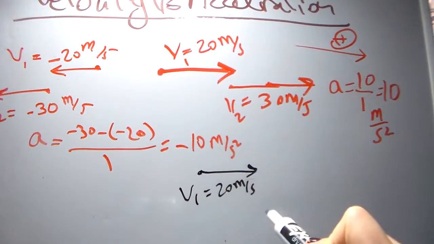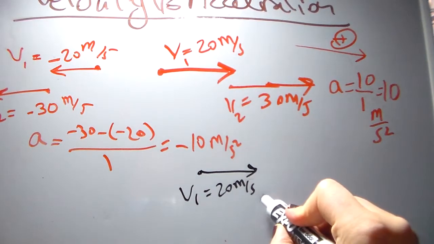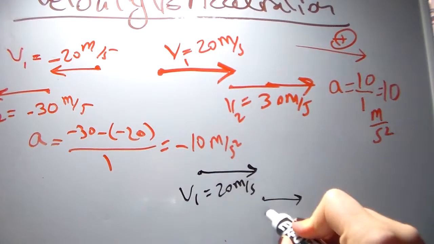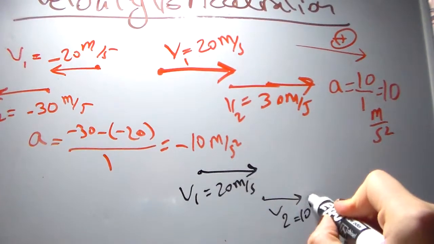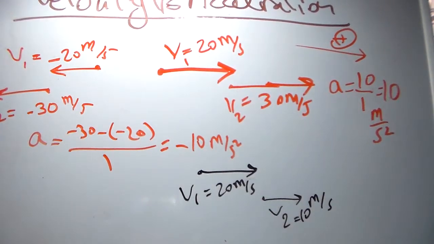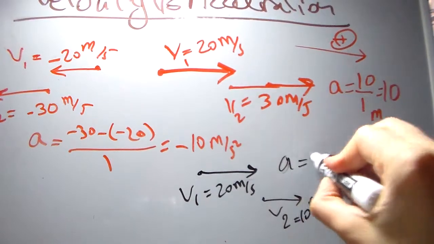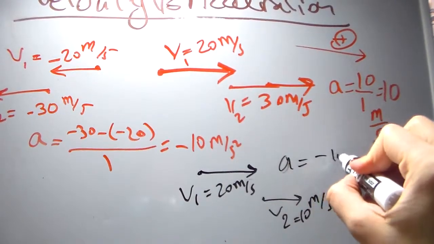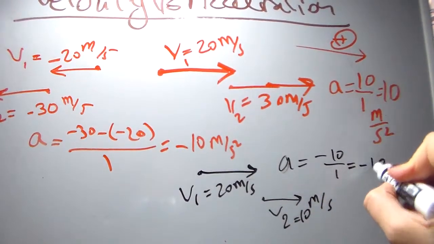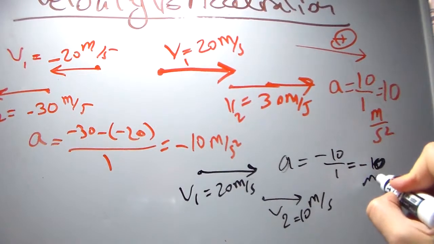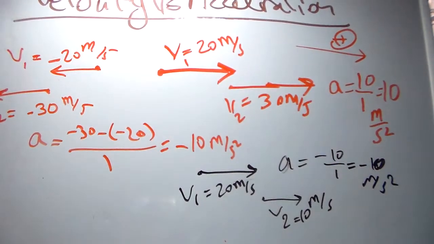But then I see there's a lot of traffic ahead of me, so I'm going to decrease my speed, and a second later my 20 meters per second is decreased to 10 meters per second. If you do the math, the acceleration in this case is 10 minus 20, so minus 10 over 1, and that gives me minus 10 meters per second squared.